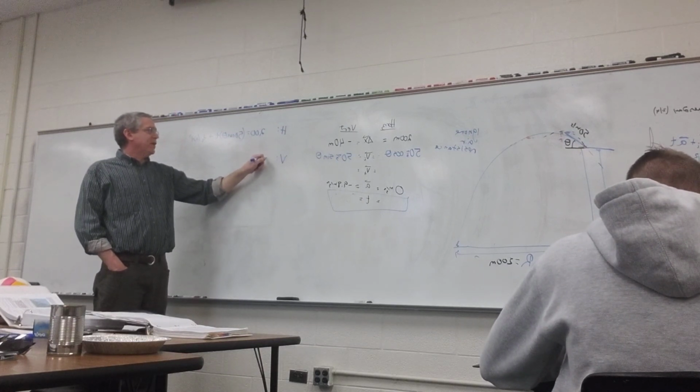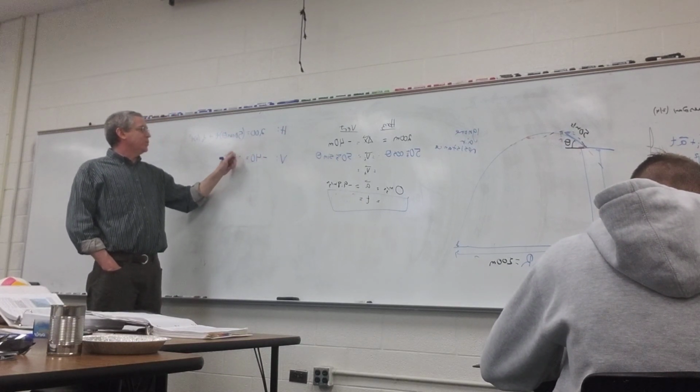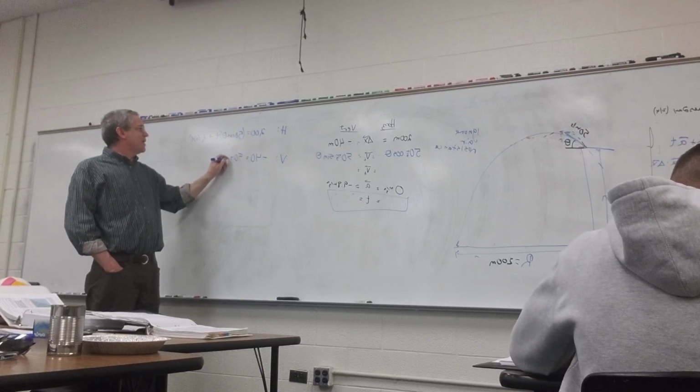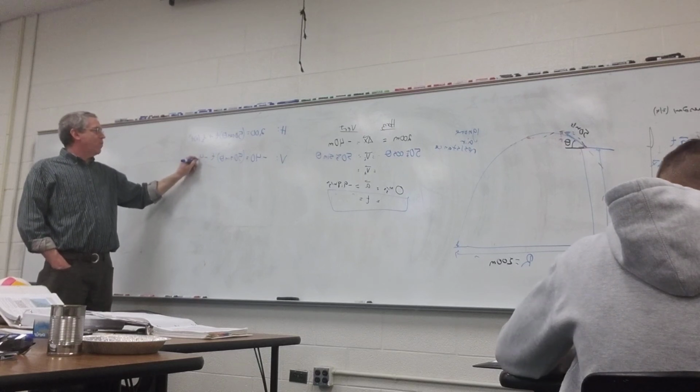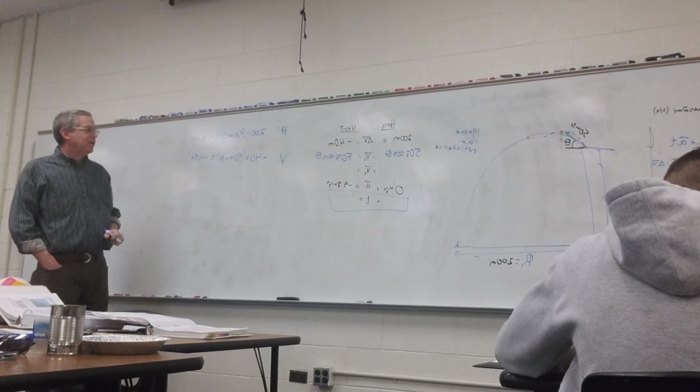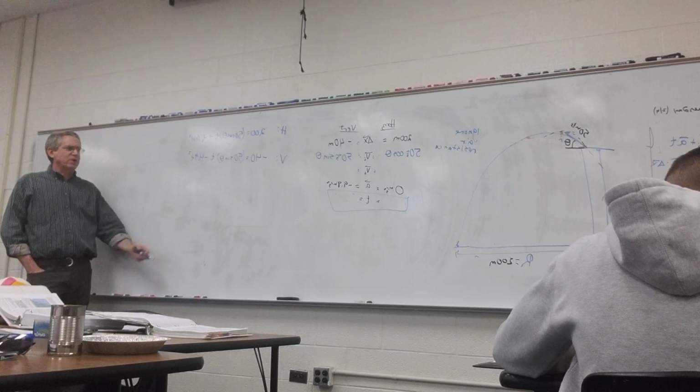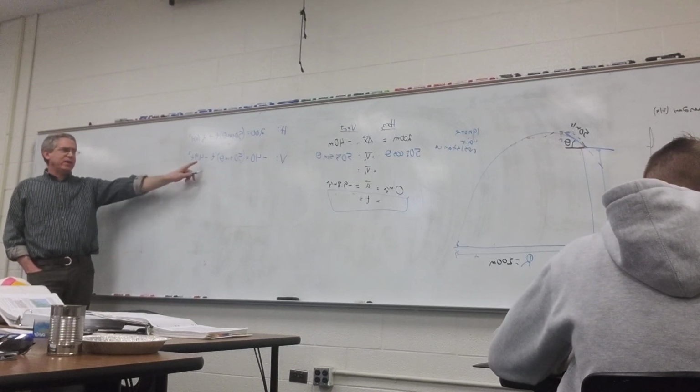Vertical equation, we have negative 40 equals 50 sine of theta times time minus 4.9 t squared. I went ahead and skipped the step there: 1/2 times negative 9.8 is negative 4.9. That's where that comes from.